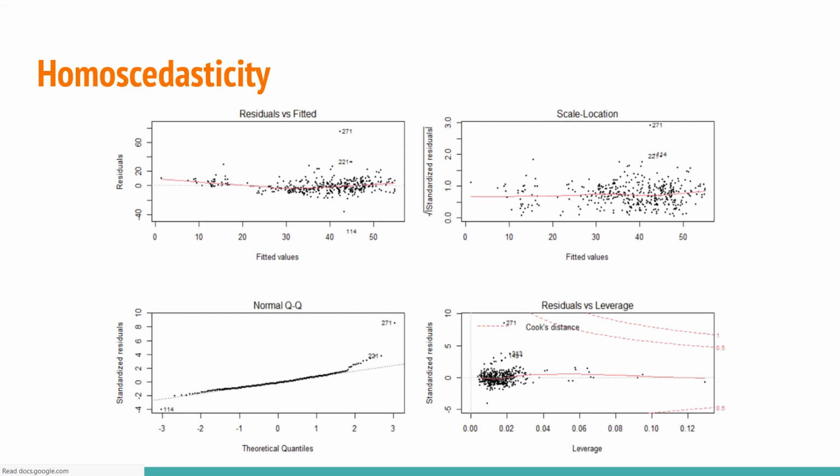It is fairly straight, close to zero, and the points are scattered and not very clustered, which is a good sign. The normal QQ plot shows that all of the points are aligned on the line, except for the ones on the extremity, and the scale location plot also shows that the points are scattered and close to the line, which suggests that homoscedasticity is applicable.